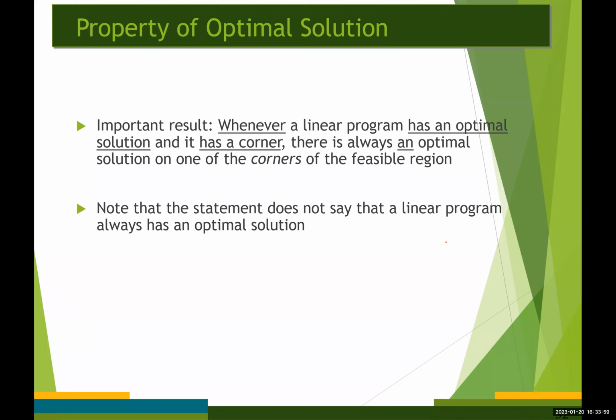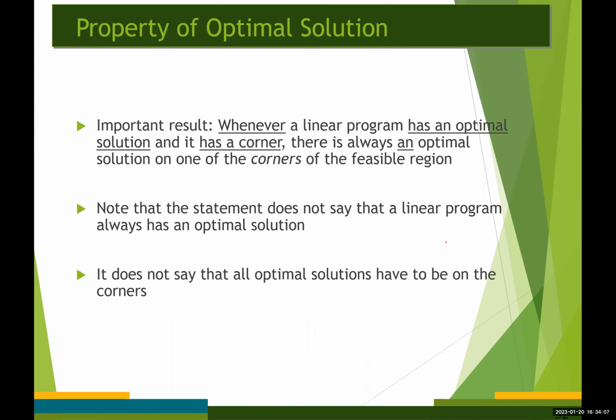However, it doesn't mean that the linear program always has an optimal solution. And also, it does not say that all of the optimal solutions have to be on the corners, right? I just showed you that special case, right? So let's discuss what are the possibilities that a linear program does not have an optimal solution at a corner point.